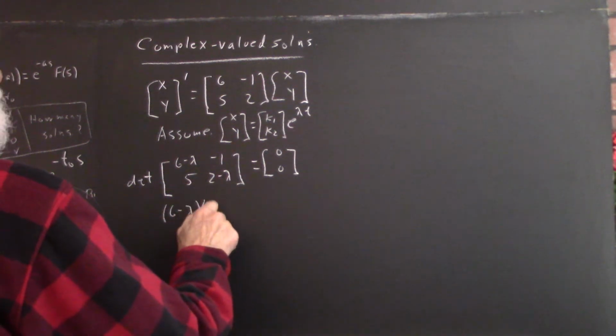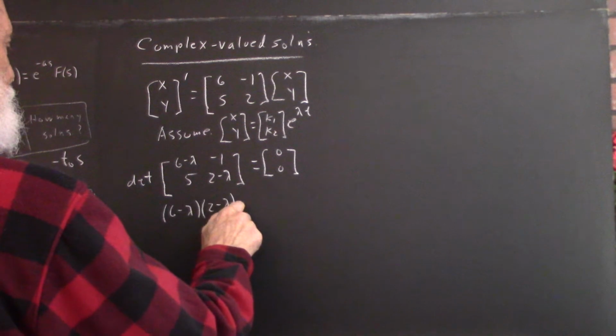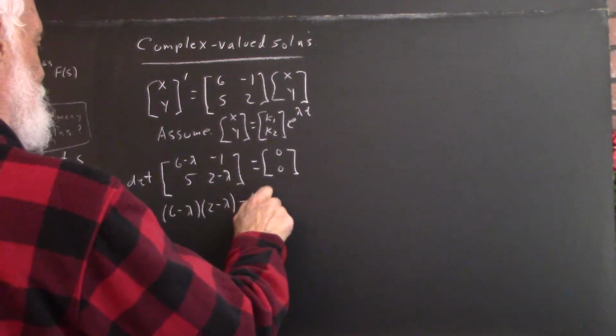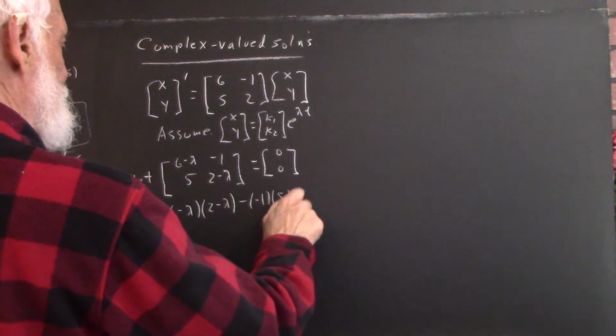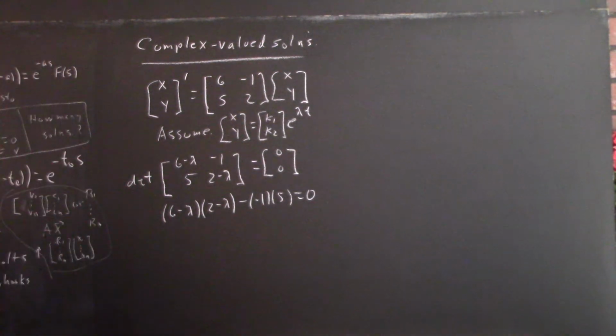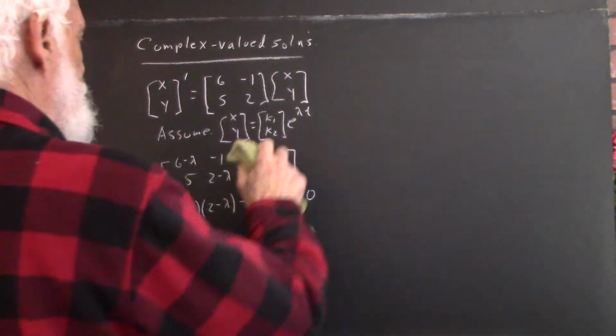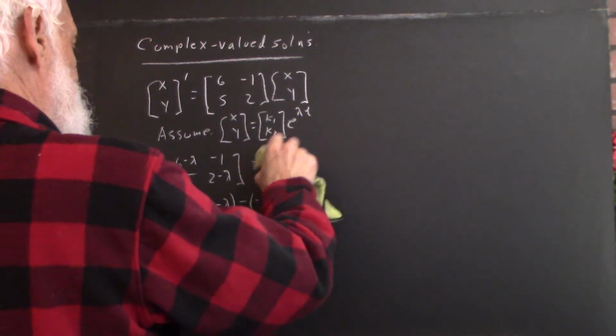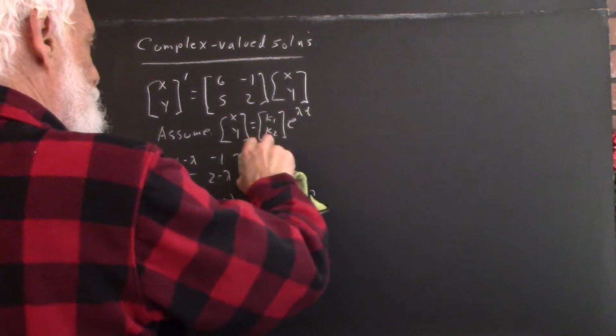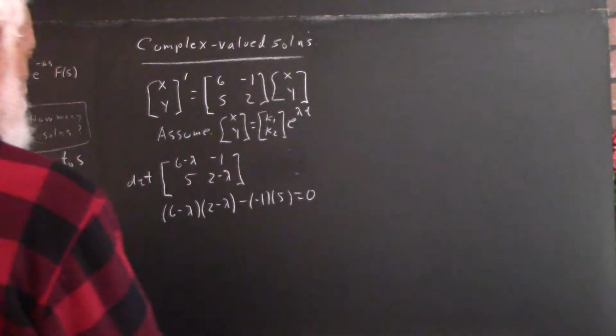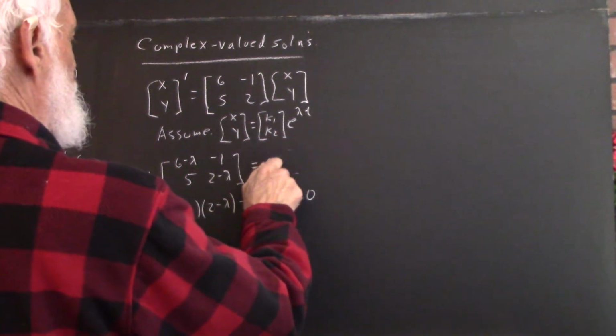Now, let's be careful. I'm going to get 6 minus lambda times 2 minus lambda minus negative 1 times 5 has to equal 0, and the determinant is not a vector. Determinant is 0.